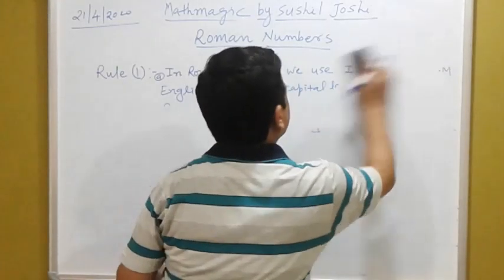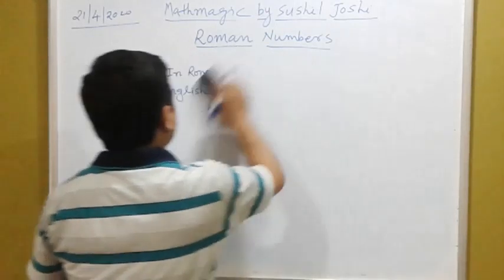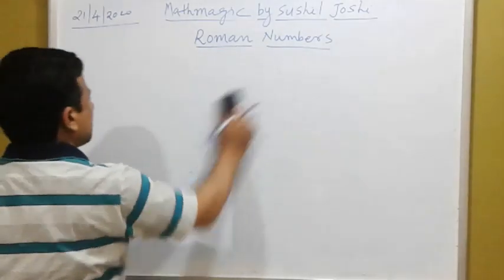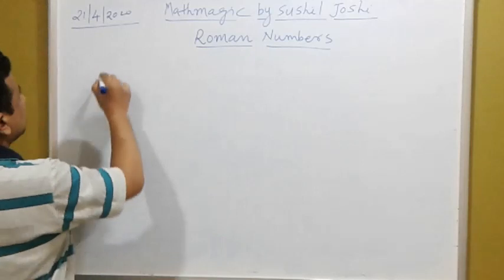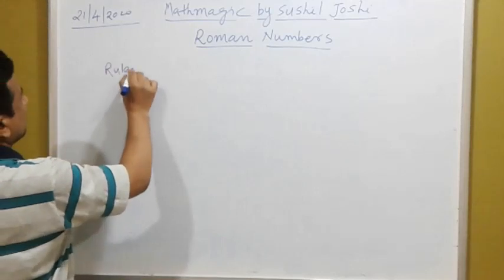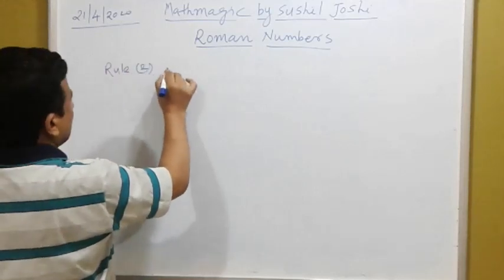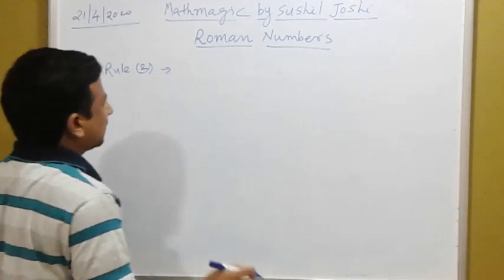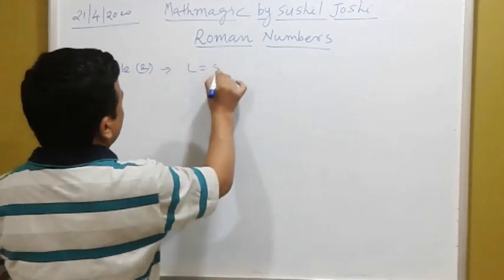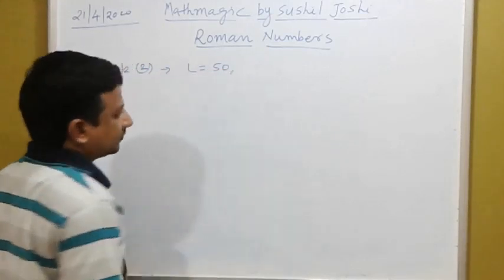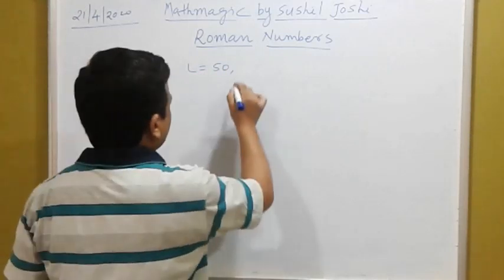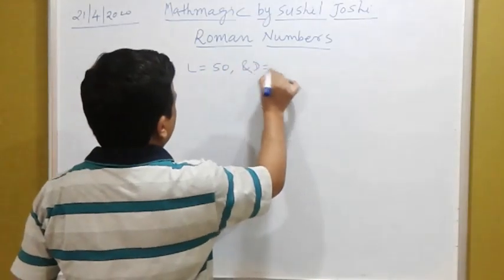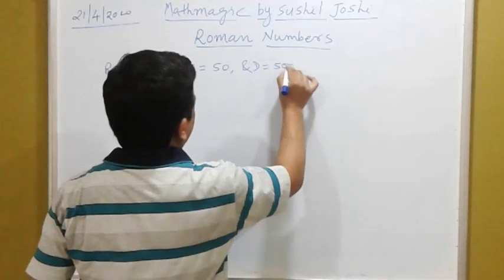Rule 2. L is equal to 50 and D is equal to 500.